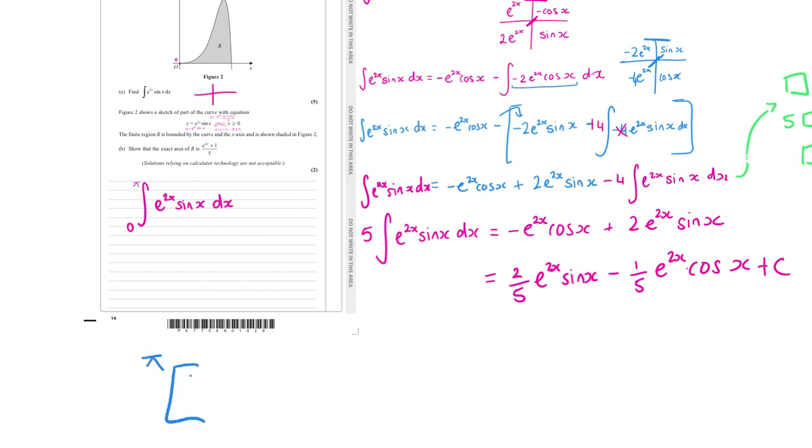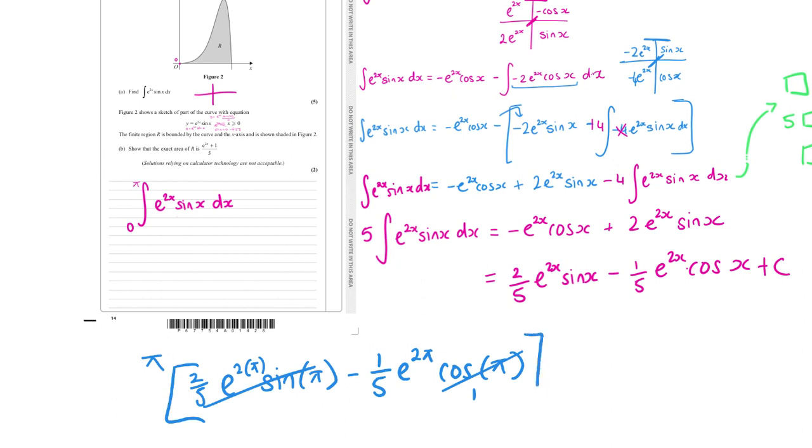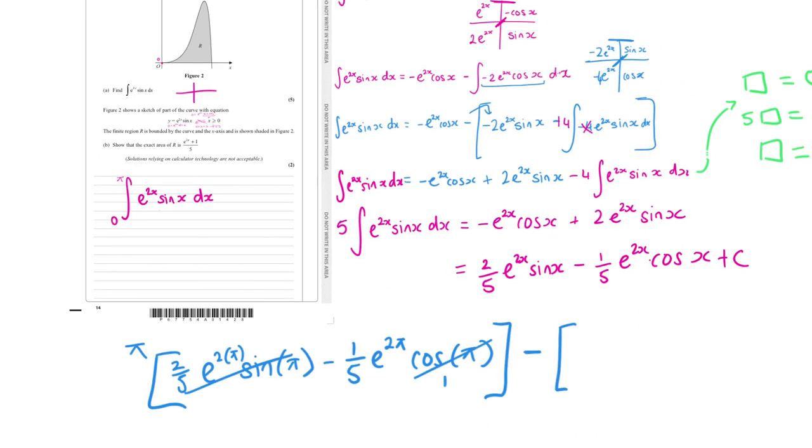between pi and 0. 2/5 e to the 2 pi sine of pi. Guys, what's sine of pi? 0. So that's 0. Minus 1/5 lots of e to the 2 pi. What's cos of pi? 1. So we know that this is 1. Minus 0.